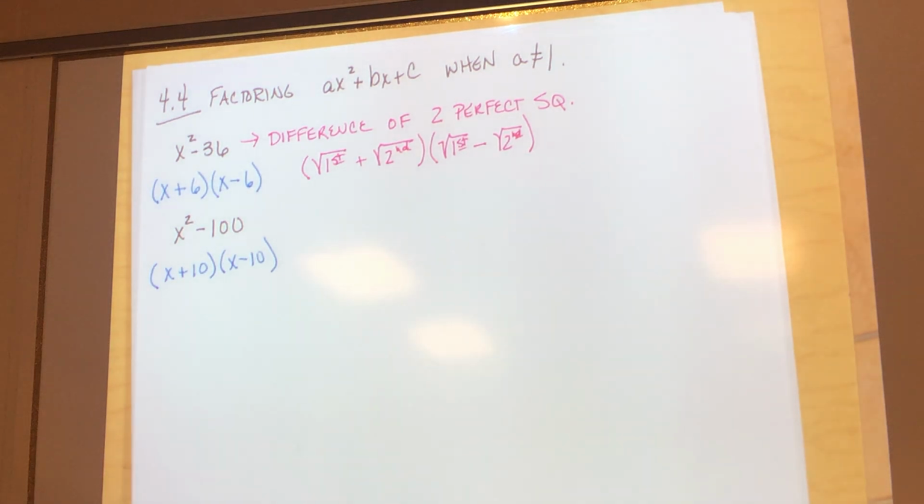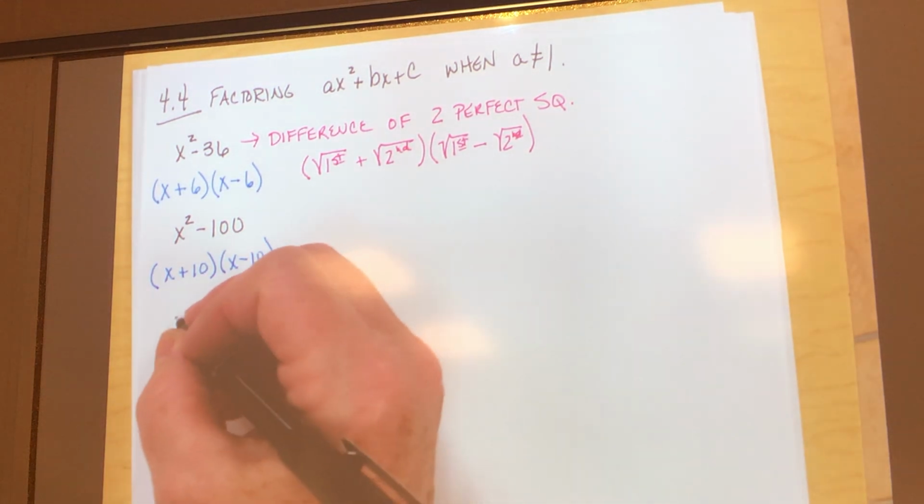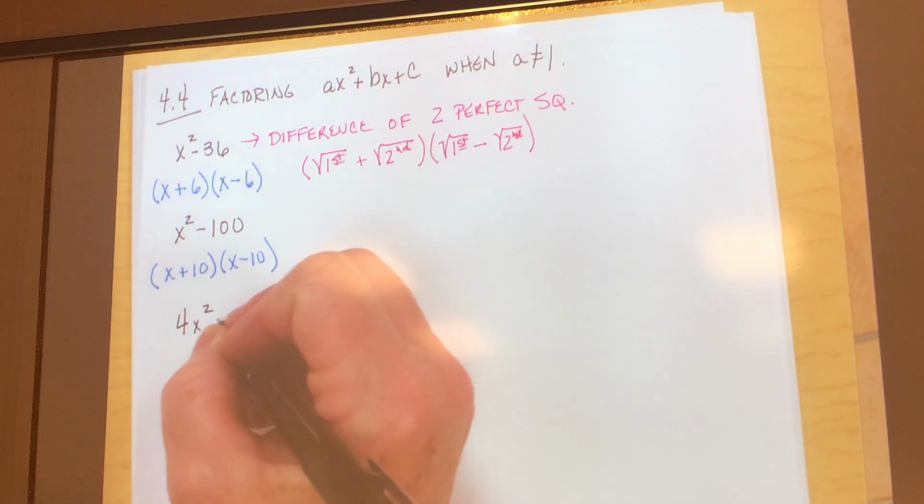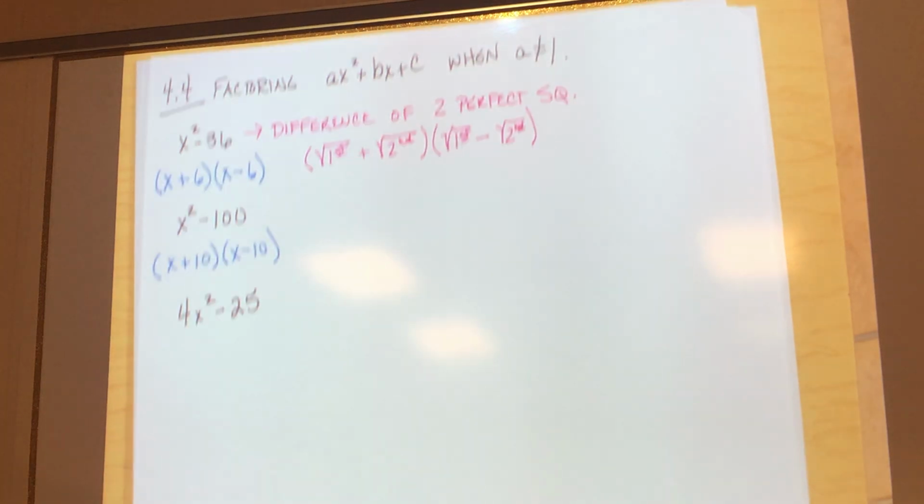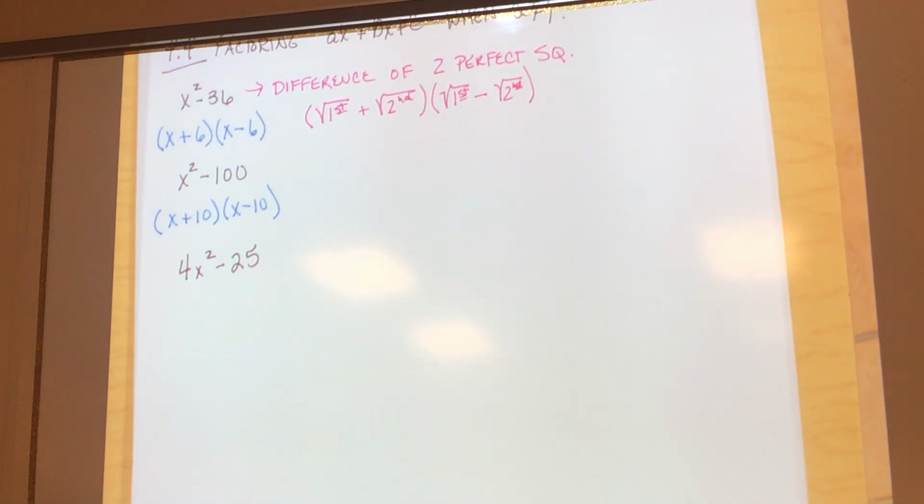Pretty cool, right? All right, here's your next one. 4x squared minus 25.